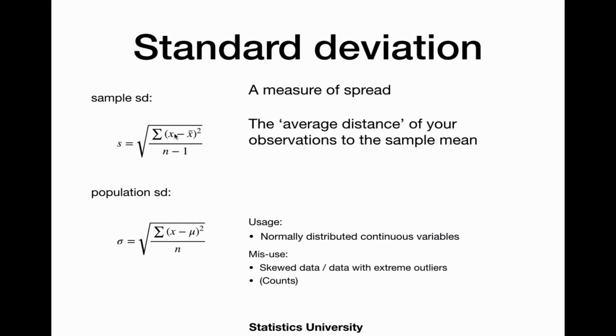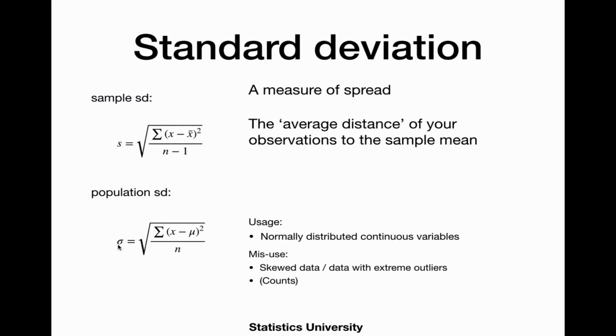So it's the distance between the values that we observe and the sample mean squared, and then the sum of all those squared differences divided by n minus 1, and then the square root of that ratio.